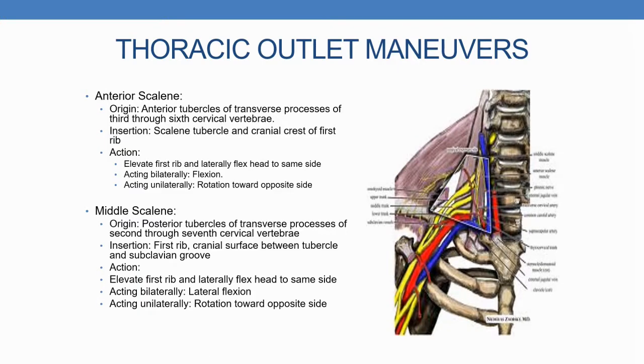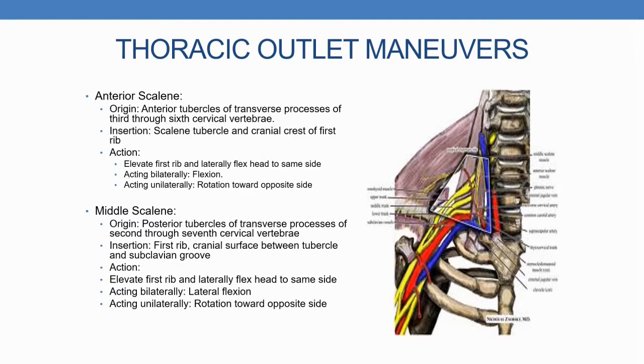So let's talk about the scalene muscles, because the scalene muscles can be one of the sites at which these nerve roots or trunks of the brachial plexus can be compressed. So the anterior scalene has its origin on the anterior tubercles of the transverse processes of the 3rd through the 6th cervical vertebrae. So you can think of the scalenes as sort of an anterior muscle.